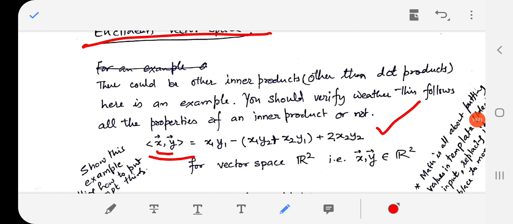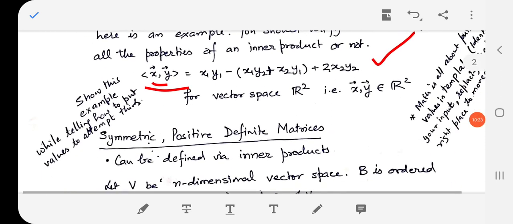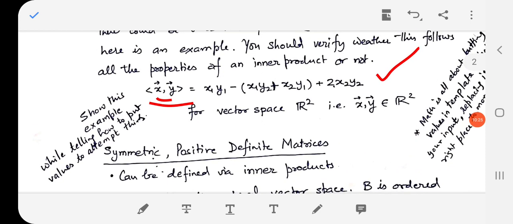If you club them up, you will reach some expression whole square plus or minus some other expression whole square, which will let you know whether it will always be positive or not. And if that is the case, then you will say it is positive definite or not.